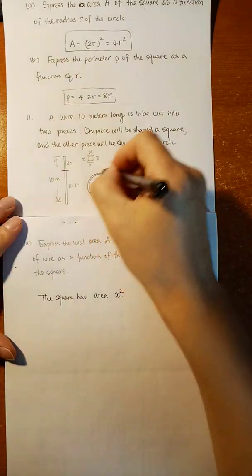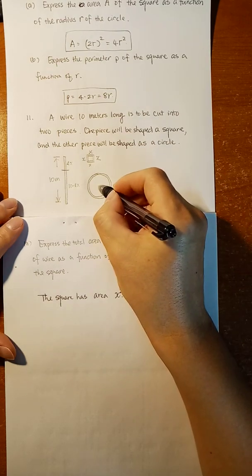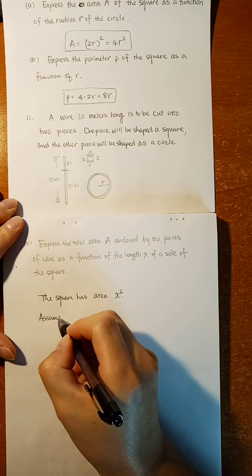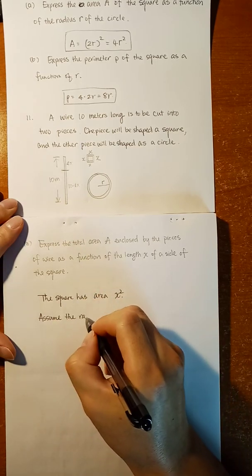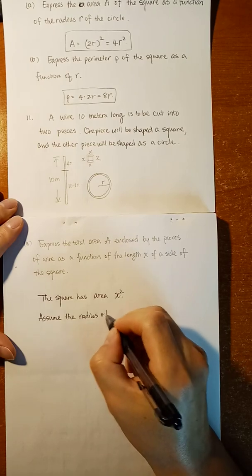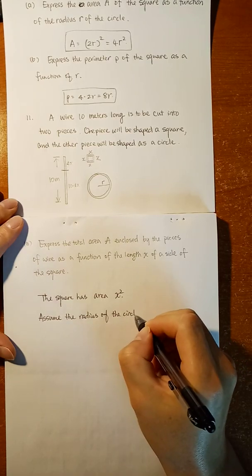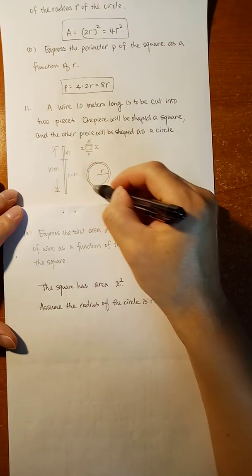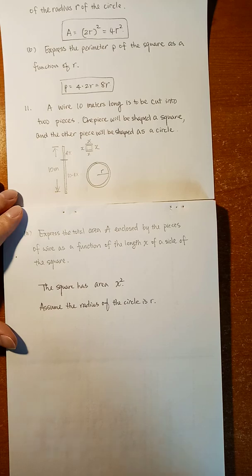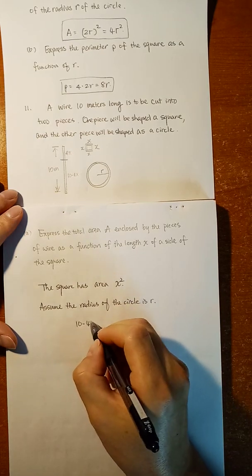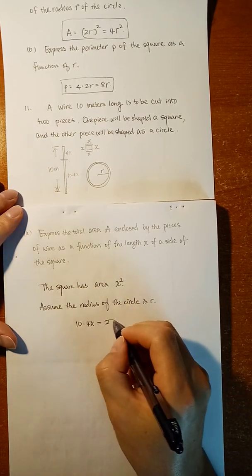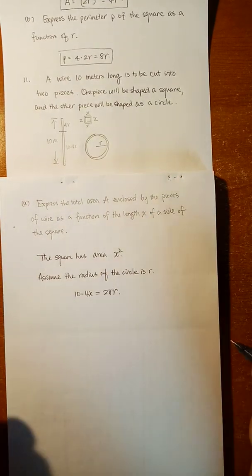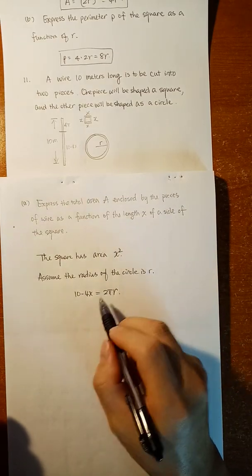The thing is, what is the area of the circle? Assume the radius of the circle is r. Then 10 minus 4x is the perimeter. The perimeter of the circle is 2 pi r.